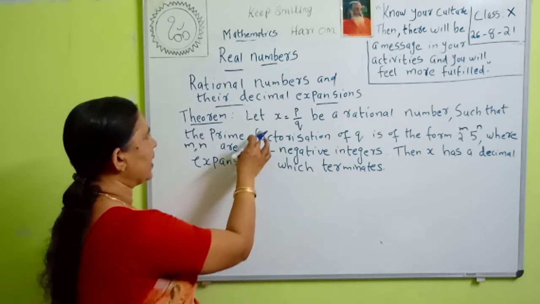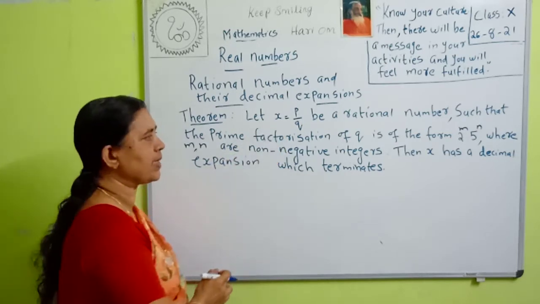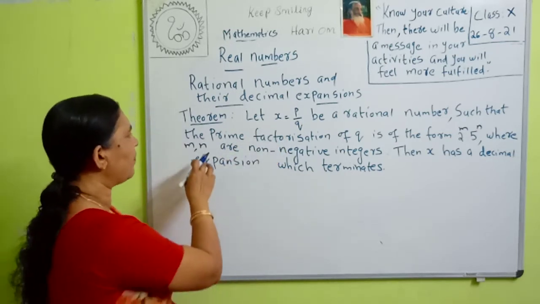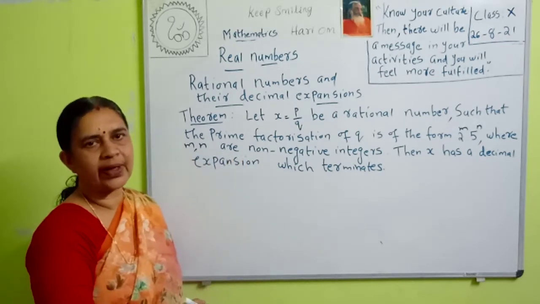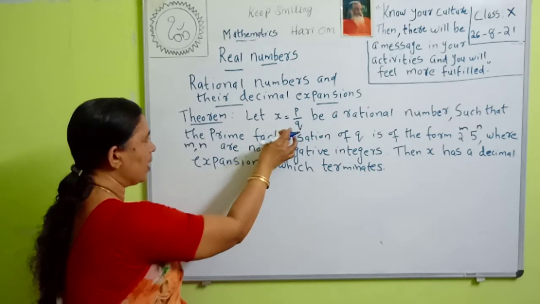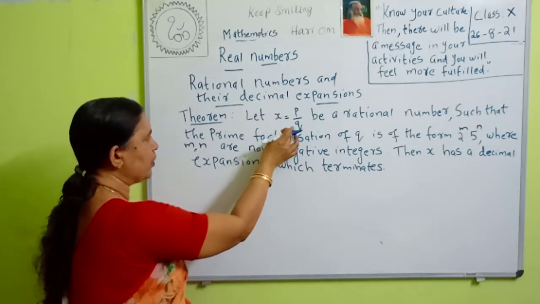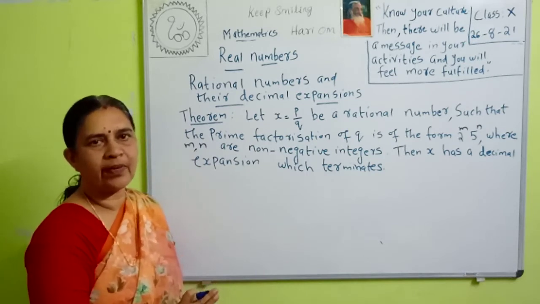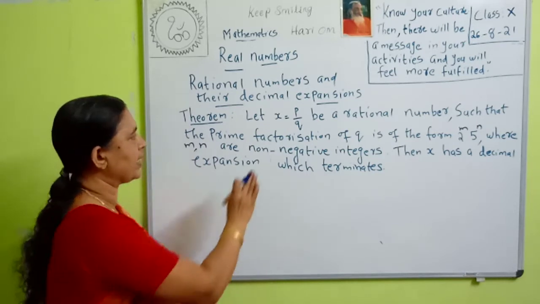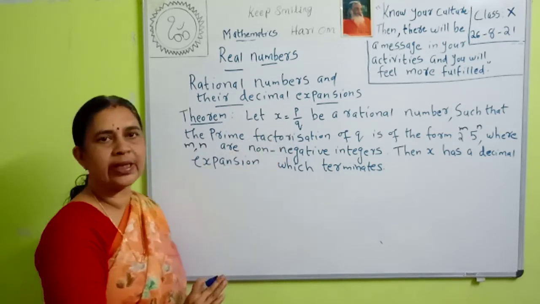So let x is equal to p by q be a rational number such that the prime factorization of q is of the form 2 raised to m 5 raised to n. That is, the factorization of this denominator will have only the factors 2 and 5, the powers of 2 and 5. Then we can say that this decimal expansion is terminating.